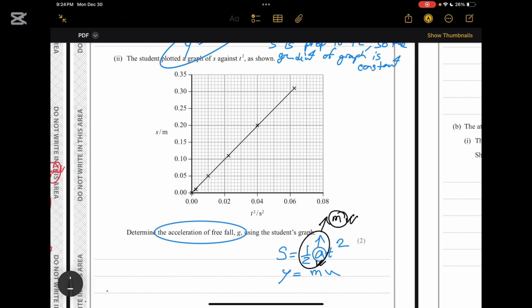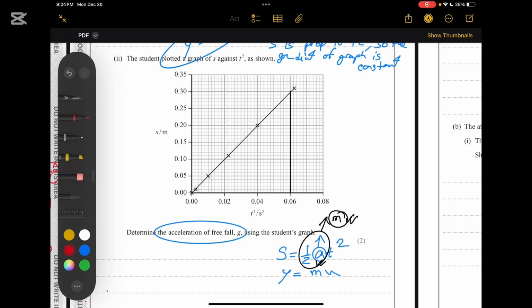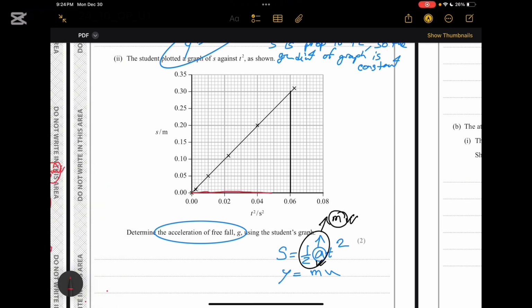In order to find the gradient, we can take these two values.